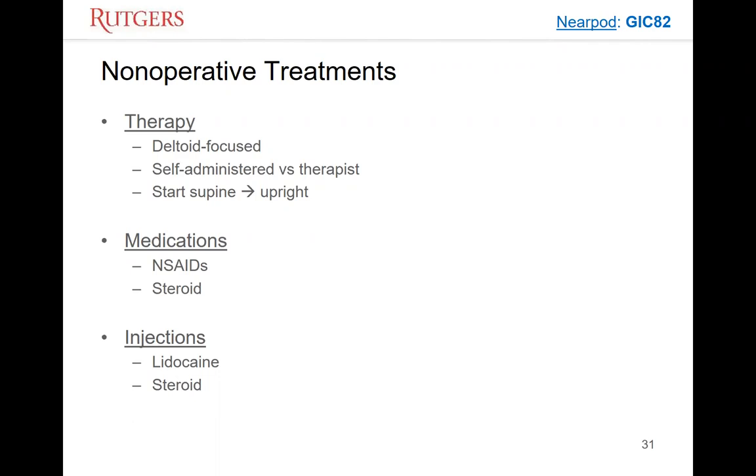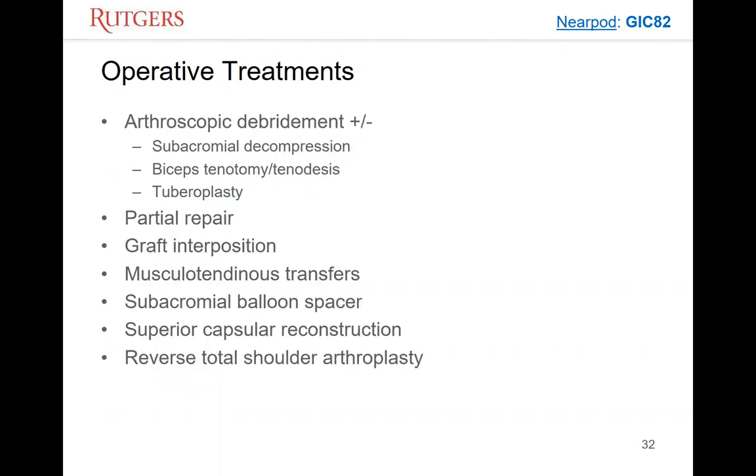The most frequently utilized medications are NSAIDs and oral steroids. Subacromial injections with or without lidocaine or steroid are also often employed, though there are theoretical consequences on the joint and soft tissues if you use a steroid. For those in whom non-operative treatment fails or is not suitable, there are a variety of surgeries that have been described for the treatment of irreparable cuff tears.